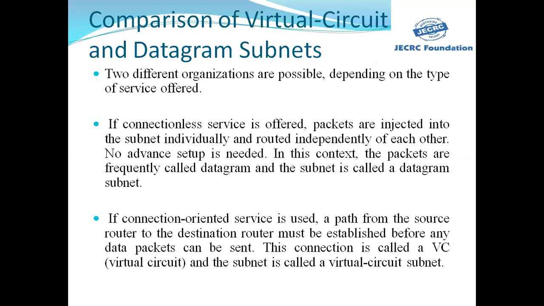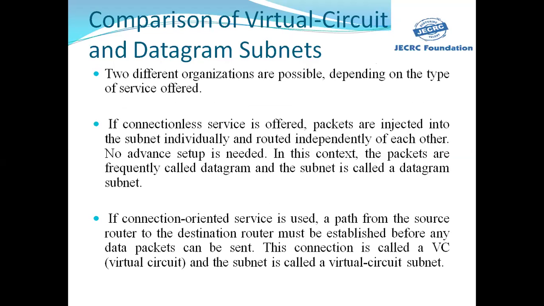Now the comparison. Basically the connectionless service is known as the datagram service, and the connection-oriented service is known as the virtual circuit service. These are the two types of services provided by the network layer. If connectionless service is offered, packets are injected into the subnet individually and routed independently of each other. No advanced setup is needed.